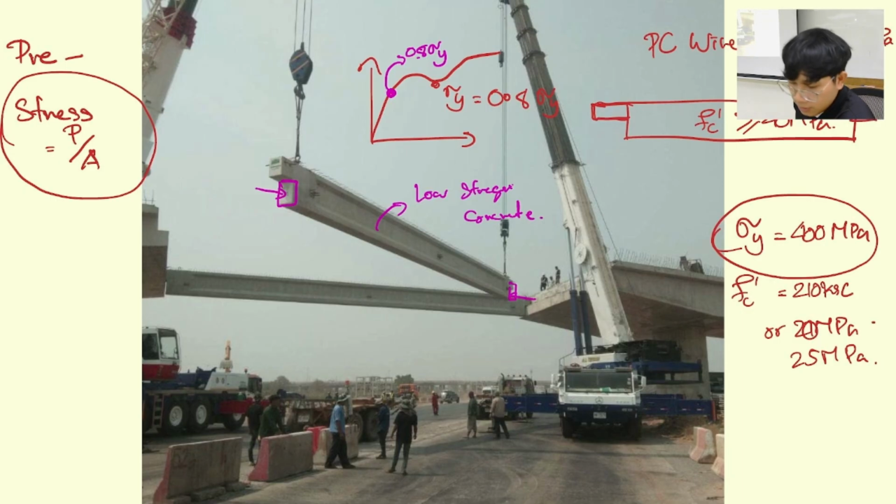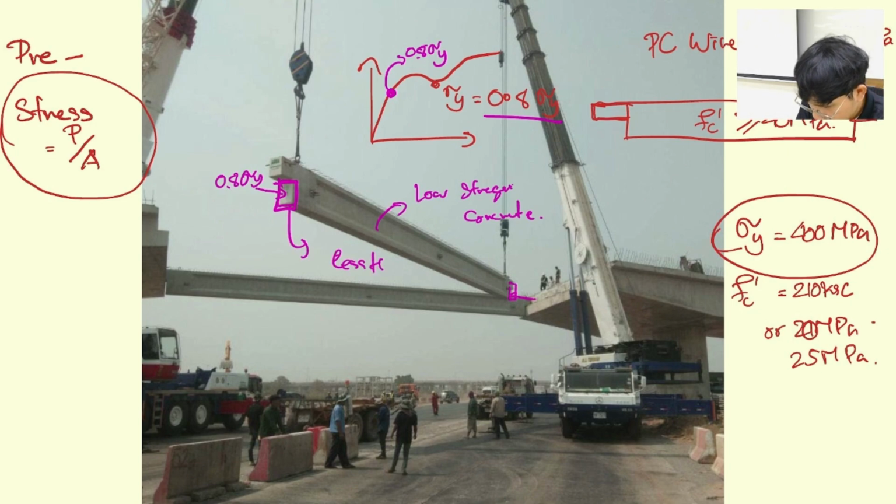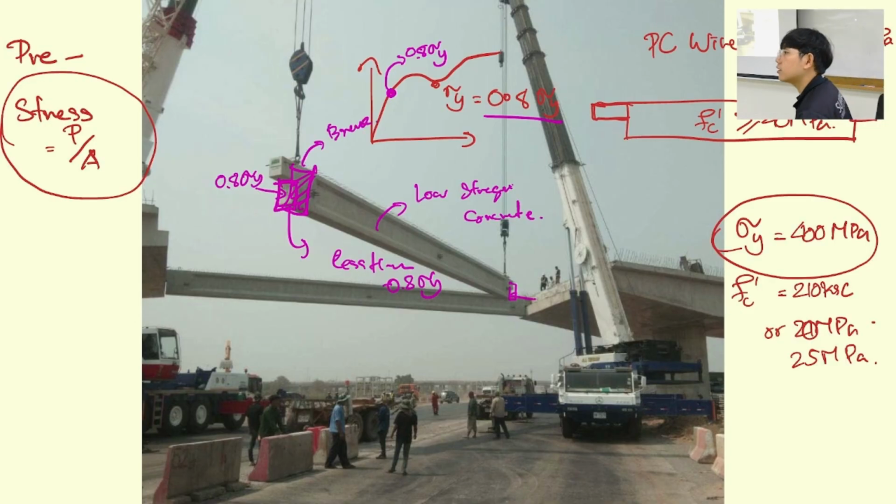It's going to break, right? Because if you pull this 0.8 by the machine, after you cut it, release it, this one is going to try to go back at 0.8 sigma y. If the concrete surface over here has the strength less than 0.8 sigma y, this concrete cap at the surface is going to break or going to explode. Okay, that's the concept of pre-stress.